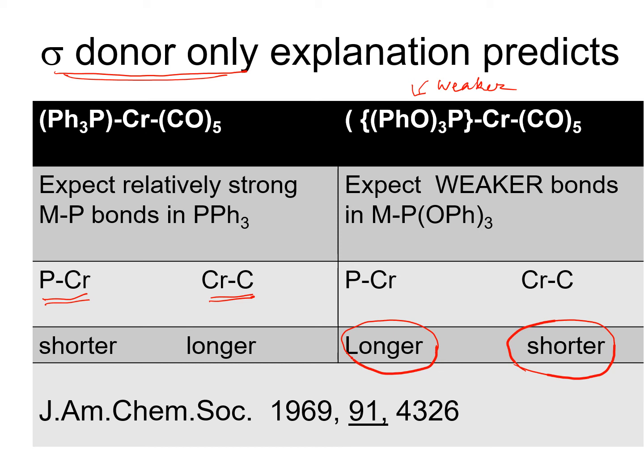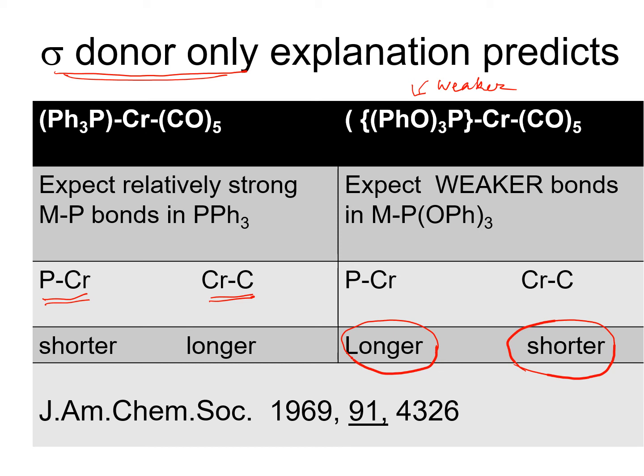The sigma donor only explanation predicts that when you have very strong electron withdrawing groups on the phosphorus, you have a poor donor, so the P-Cr bond should actually be longer. And the Cr-C bond, which is the trans carbon monoxide bonding that we're talking about, should be shorter.